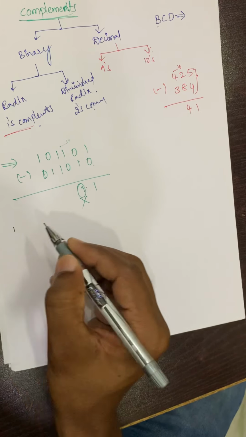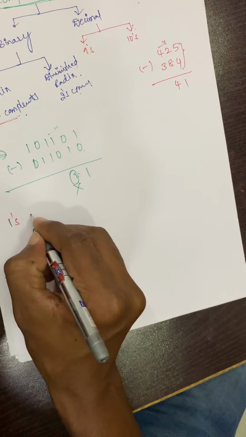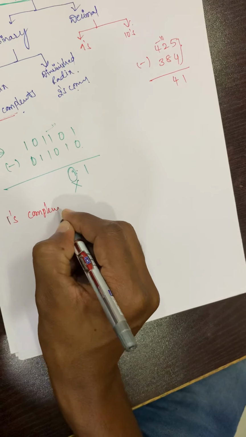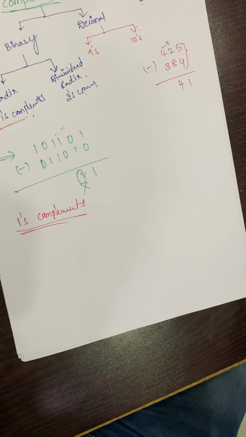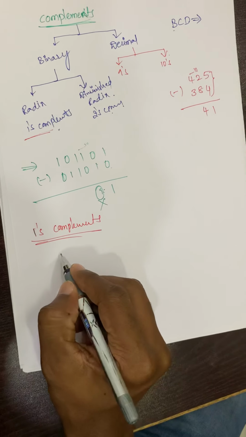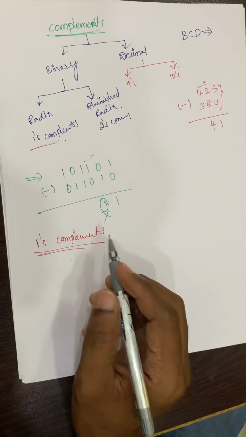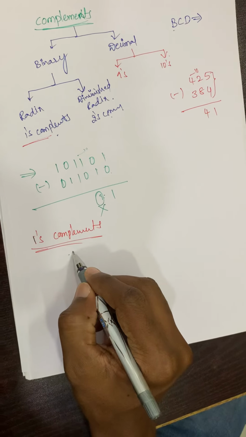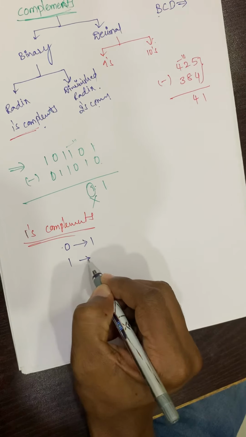First, one's complement. One's complement means interchanging zeros by ones and ones by zeros. So the complement of 0 is 1, and the complement of 1 is 0.